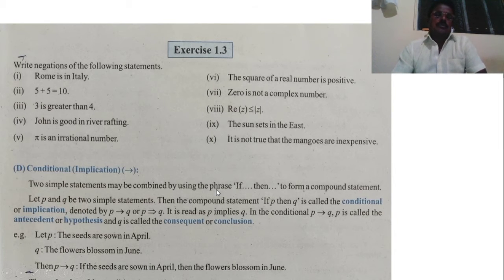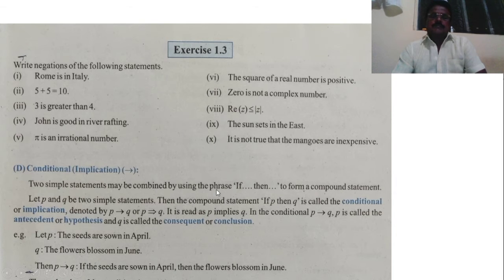Number 5: Pi is an irrational number. The negation of P is pi is not an irrational number.